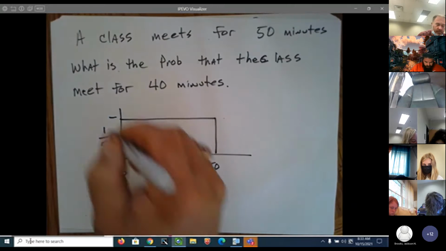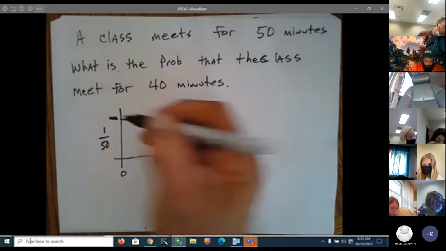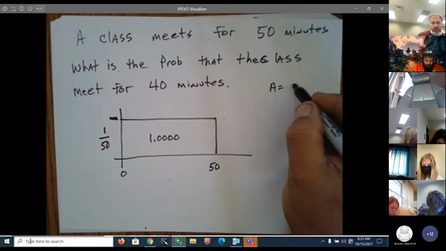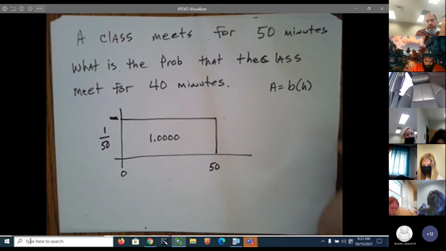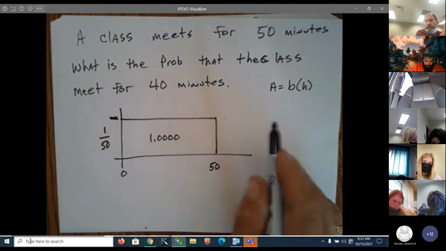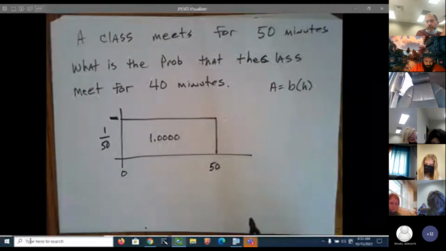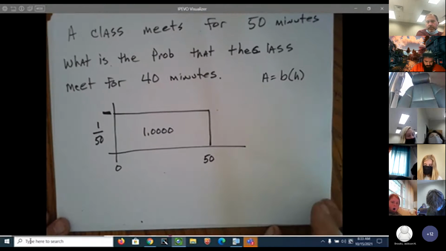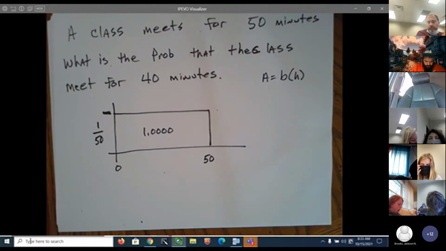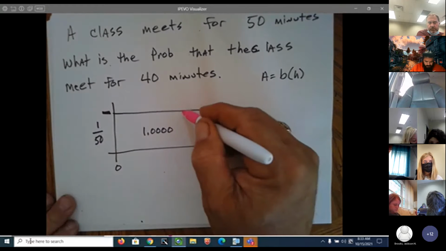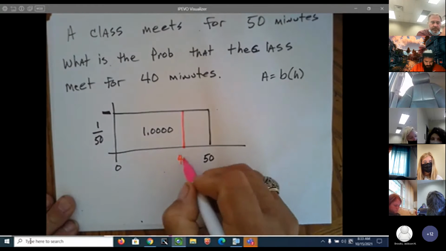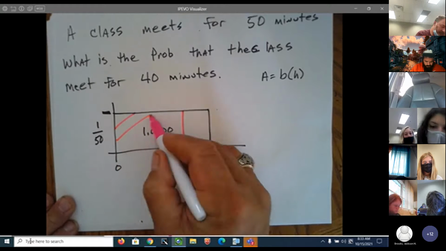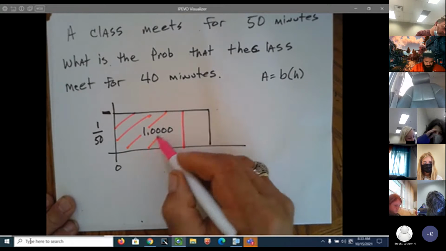Now, if you need help to figure that out, with area equal to length times width, or base times height, and you've got the base and you've got the area and you can't find the height, then we need to go back to algebra class. Okay? So they want to know, what is the probability that you meet for 40 minutes? So they're wanting to know, what is this probability right here?